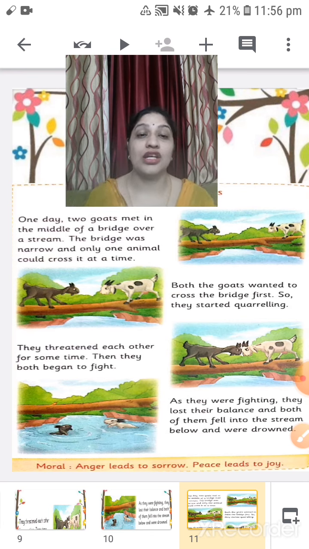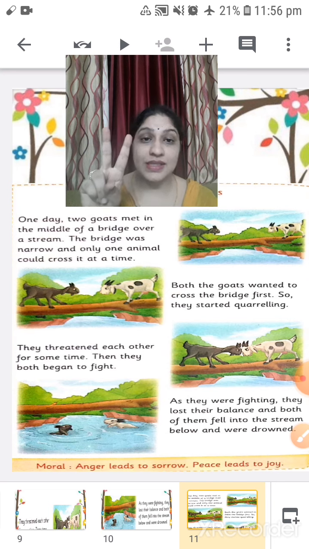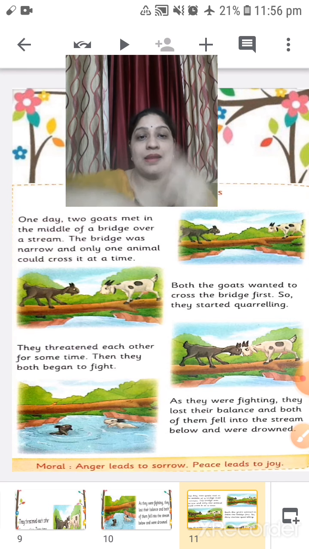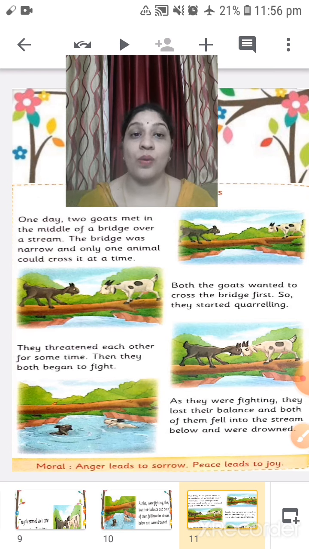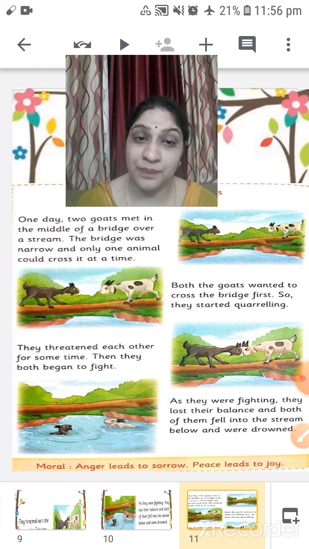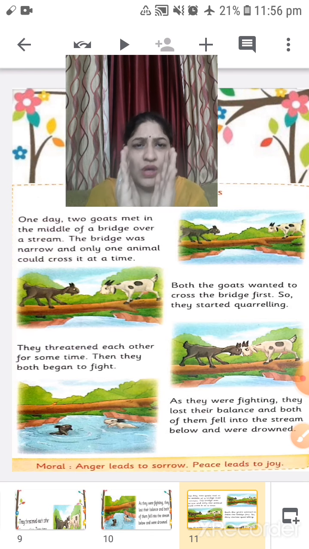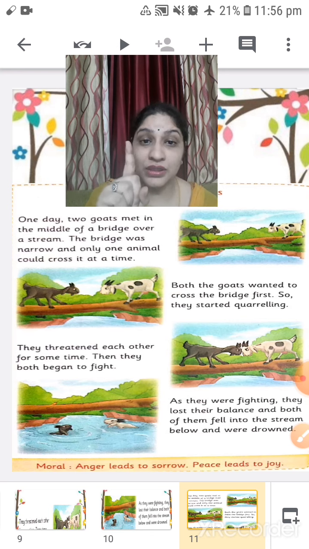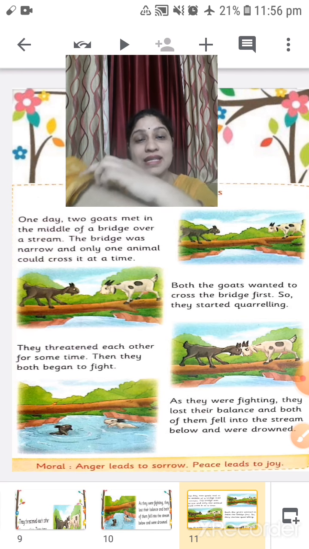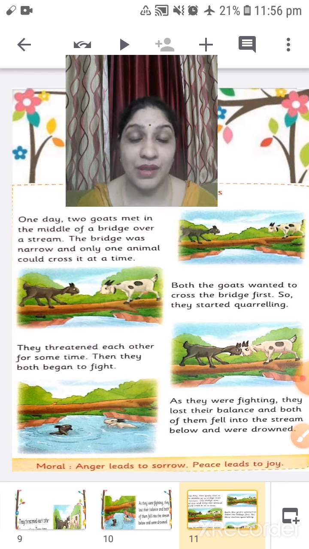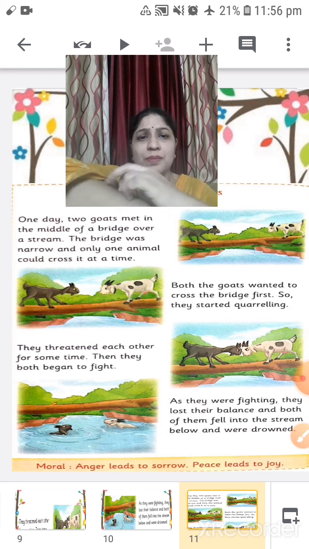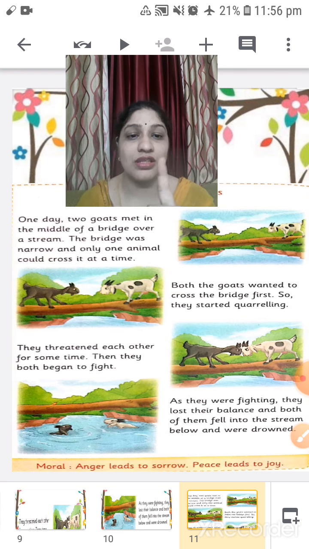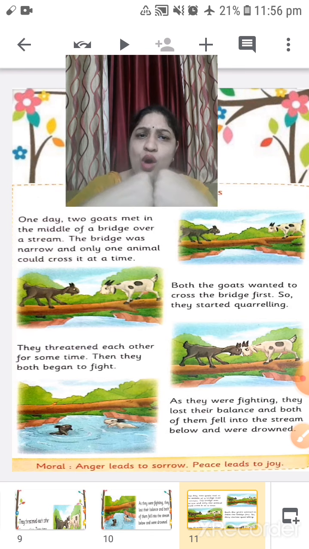One day, two goats met in the middle of a bridge over a stream. The bridge was narrow and only one animal could cross it at a time. Both the goats wanted to cross the bridge first, so they start quarreling.